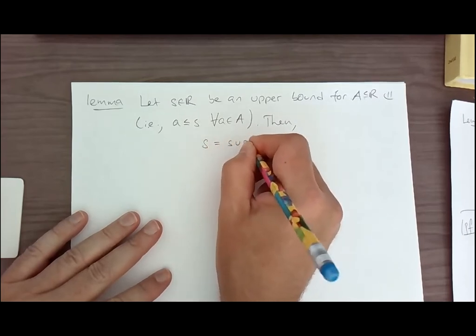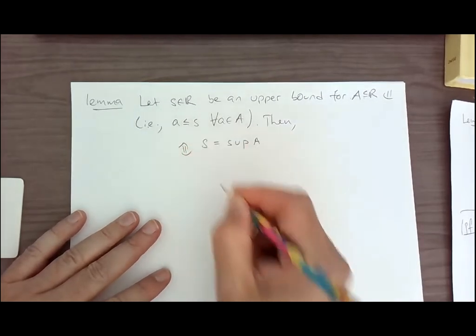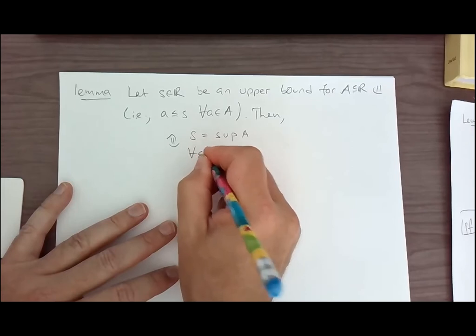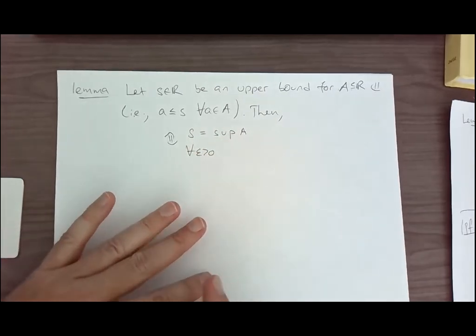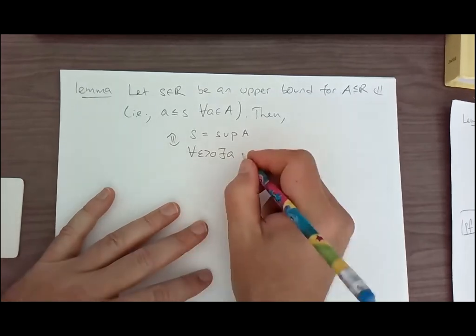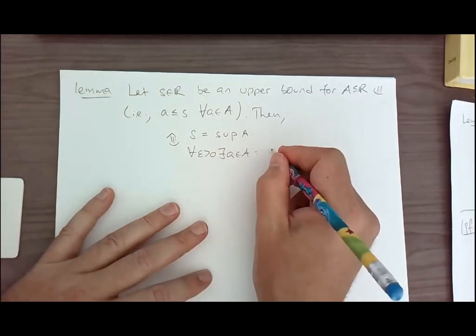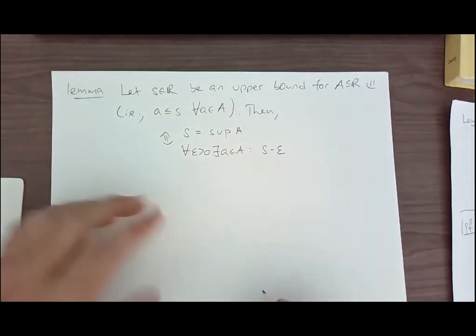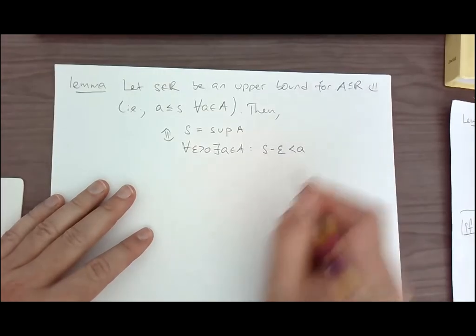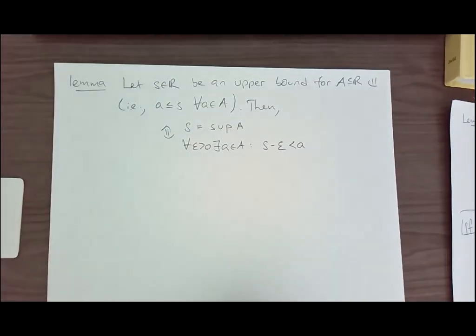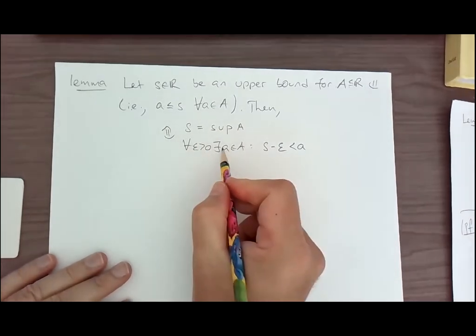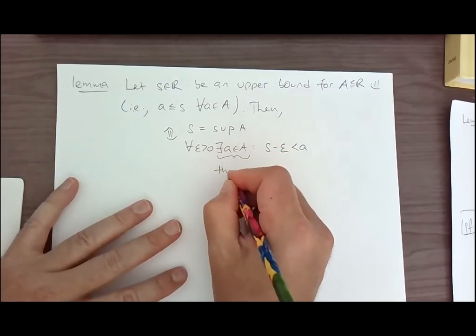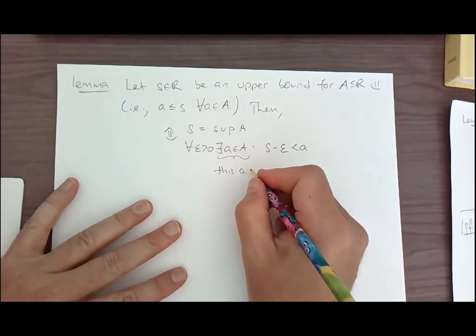S is equal to the supremum over A if and only if, and here comes the statement, for any epsilon, you can find an A such that if I subtract a little bit from this upper bound, S minus epsilon is strictly less than A. So this A can depend upon epsilon.